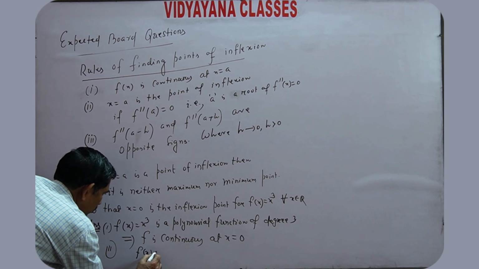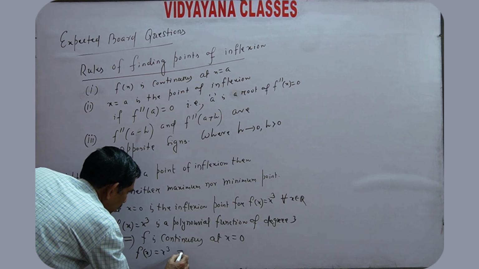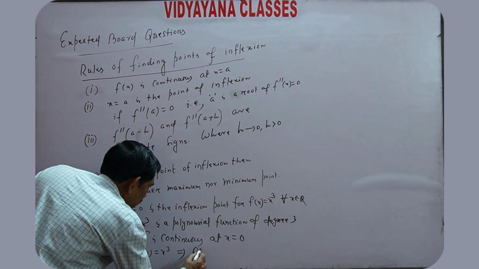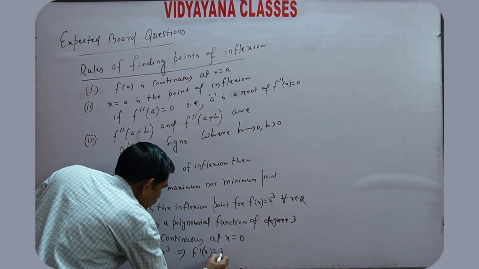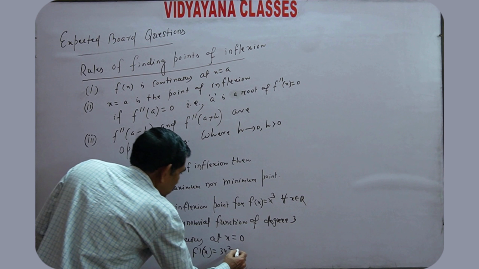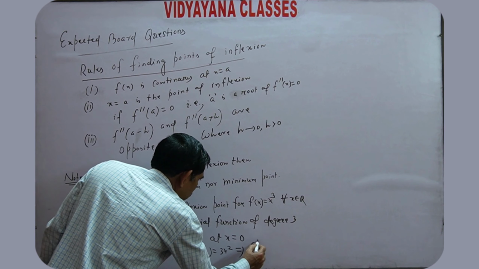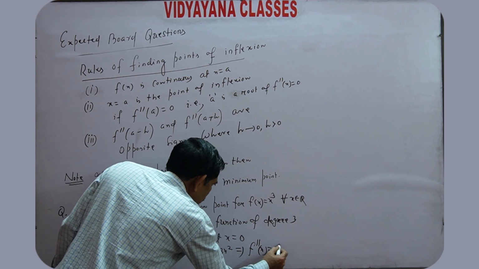f(x) is equal to x cube implies f dash x is equal to 3x square, which implies f double dash x is equal to 6x.